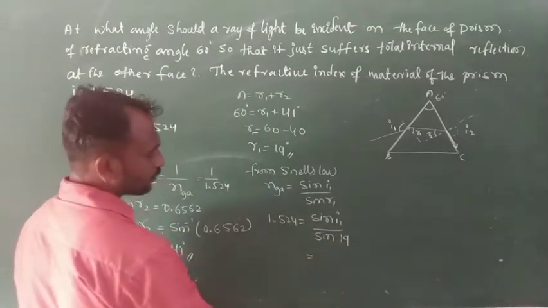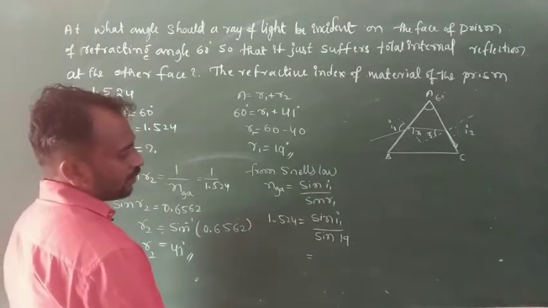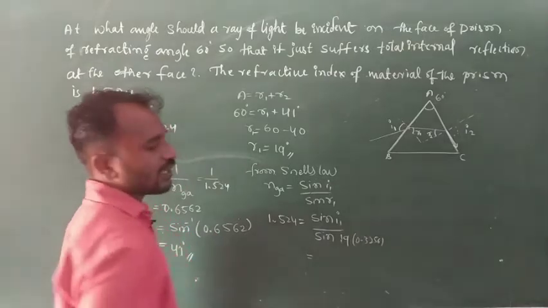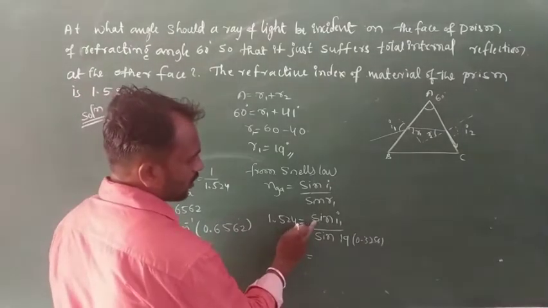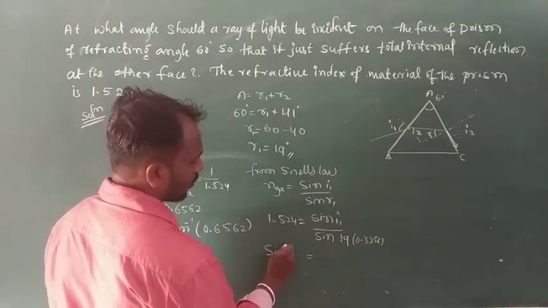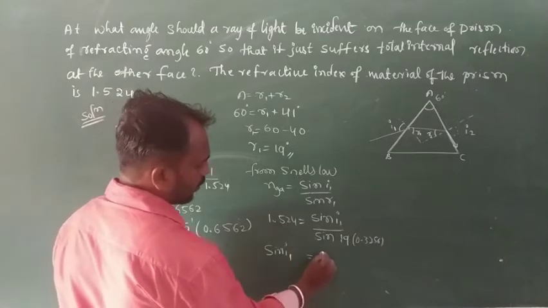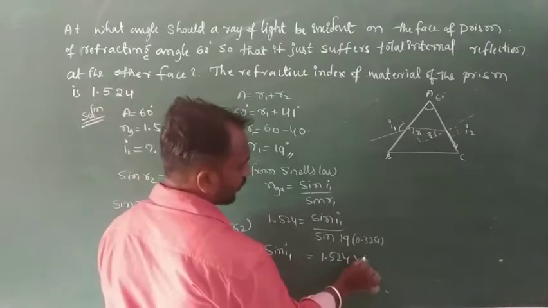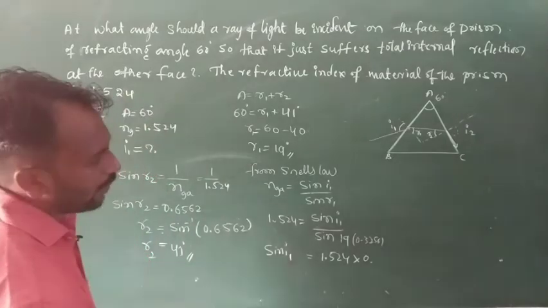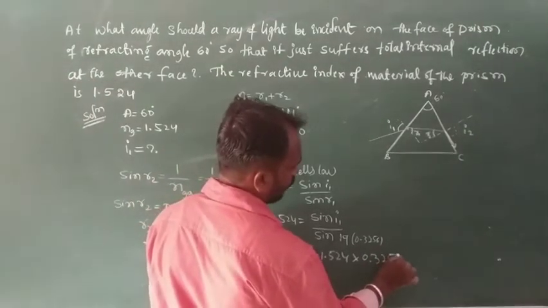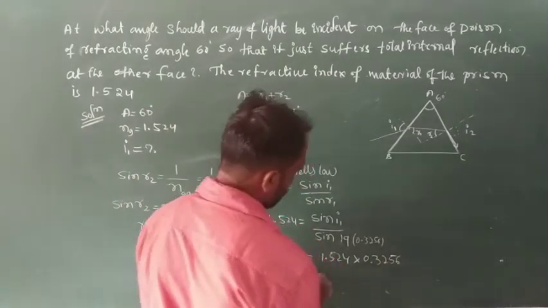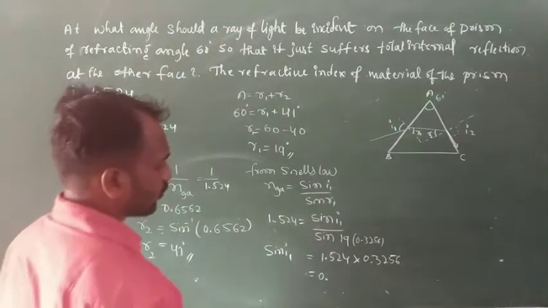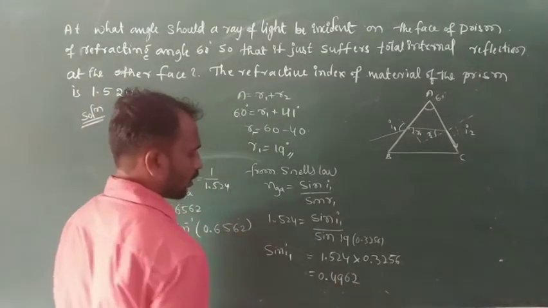Okay, and here sin 19 value is 0.3256. So sin I1 is equal to 1.524 into 0.3256. It means here we get 0.4962.